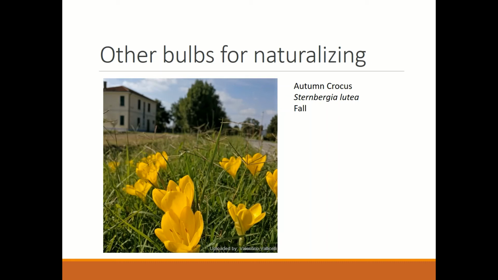So you want to be able to see those flowers before you have to start mowing. Or in the case of the species pictured here, maybe by the time autumn crocus flowers, we're done mowing. So we can enjoy the flower display without having to worry about going out, mowing the yard, and potentially cutting off those flowers.